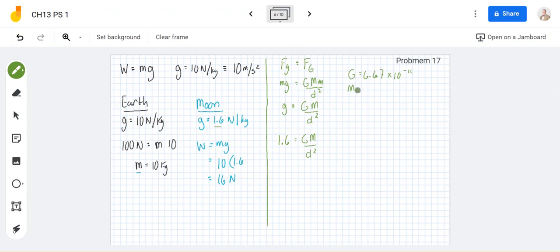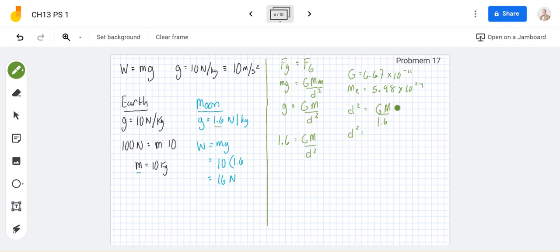And the mass of the Earth is equal to 5.98 times 10 to the 24th. So if I want to solve for d, we'll solve for d squared. I'm going to take GM divided by 1.6.